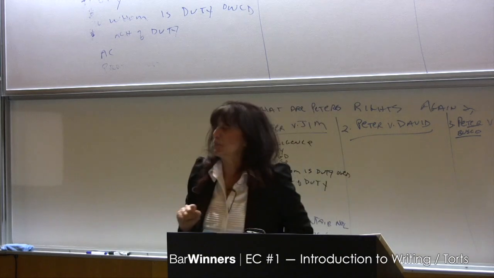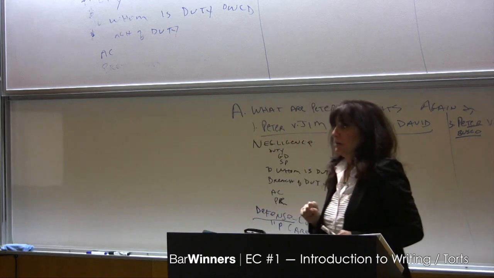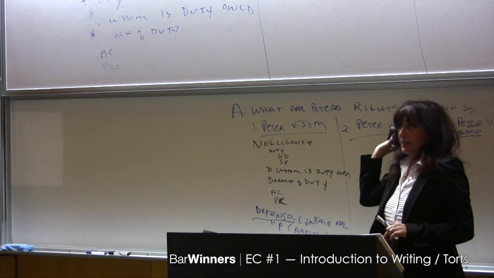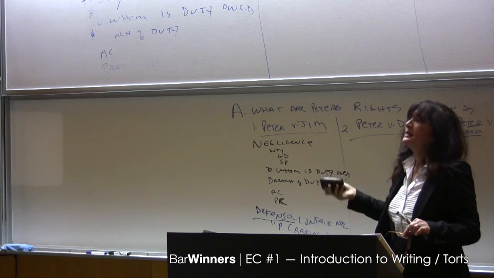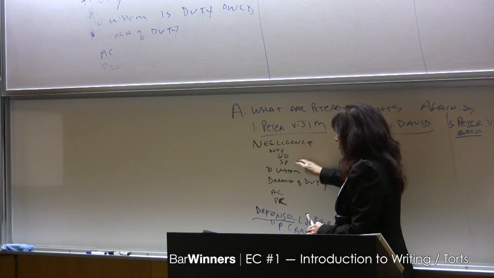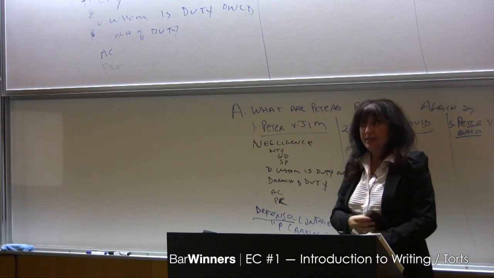And what is the special relationship here? You said it already. He's a restaurateur. He's like an innkeeper. So, we have an omission to act, special duty, with a duty to act.